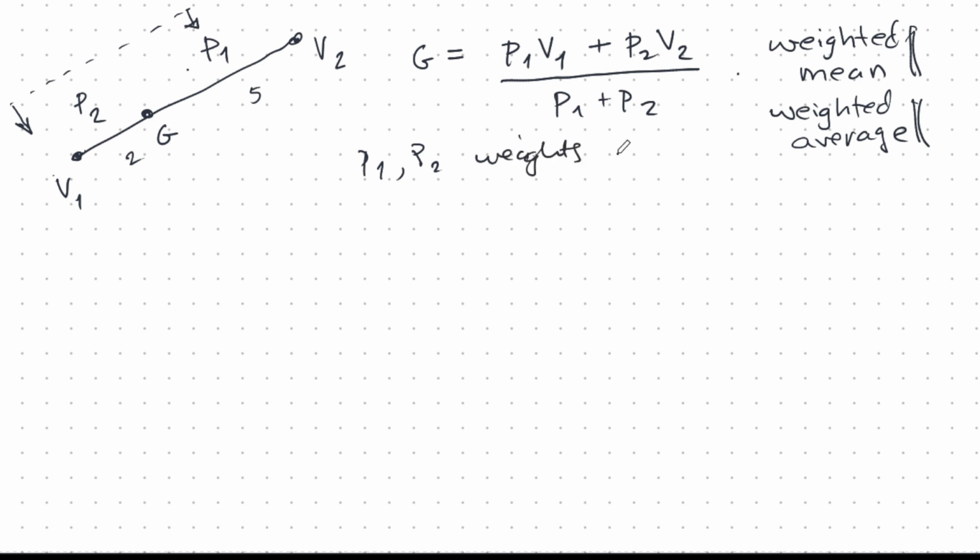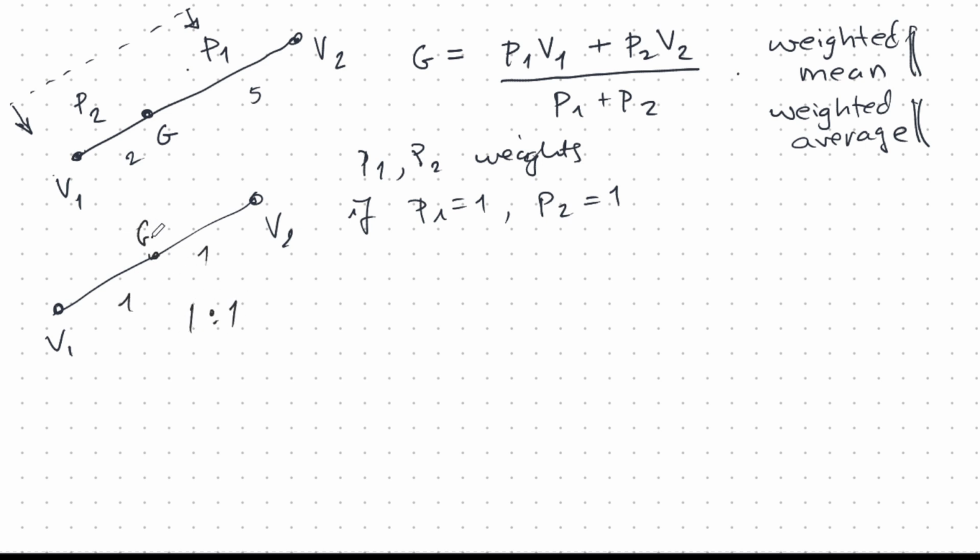And if I put my weights equal to 1, what happens if P1 is 1 and P2 is 1? Well, now my proportion is balanced. It's 1 to 1, you see? I have a 1 to 1 proportion and G is right in the middle. So I end up with G is (1 times V1 plus 1 times V2) over 2. And this is the centroid or the mean.